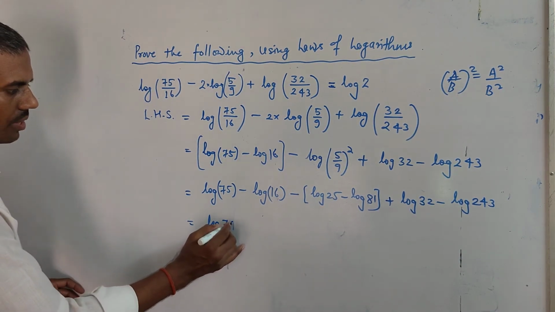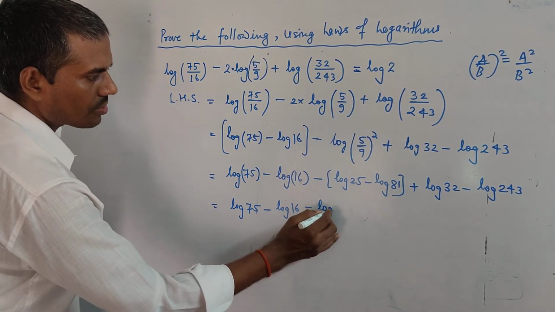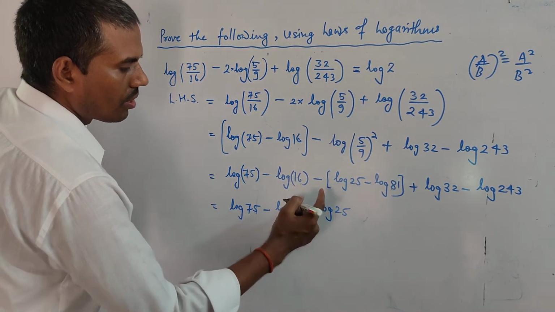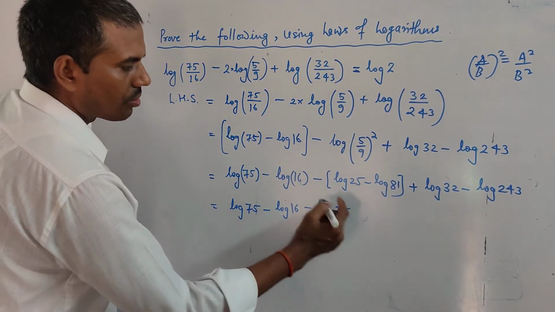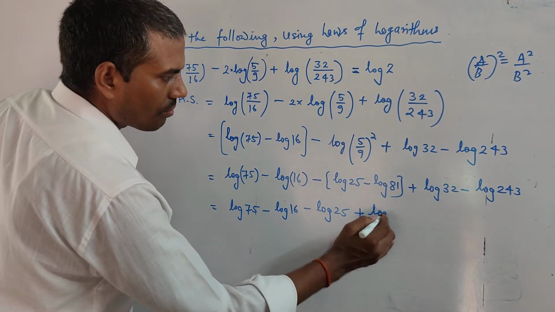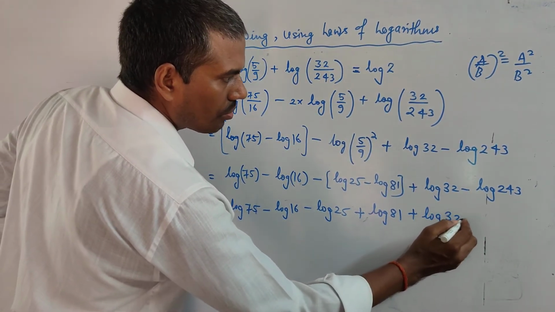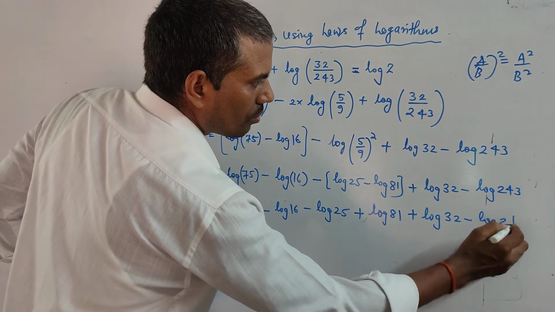And this is equal to log of 75 minus log of 16 minus log of 25, minus into minus becomes plus, log of 81 plus log of 32 minus log of 243.